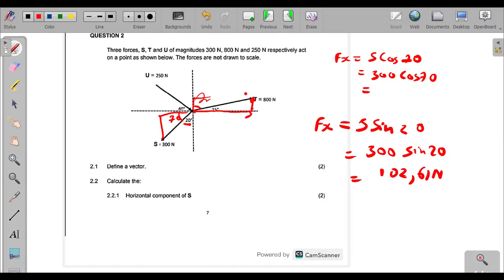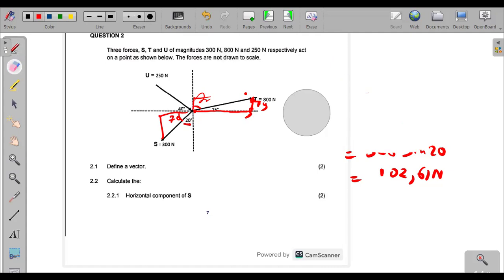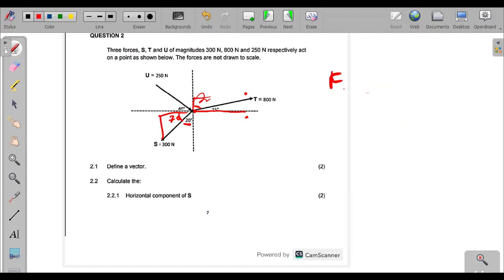So to calculate Ty, that's our vertical component there, I just want to erase this part. We are going to say our Fy for T, our Fty, is actually equal to T sine 15. Mind you, our angle to the horizontal there is 15 degrees.